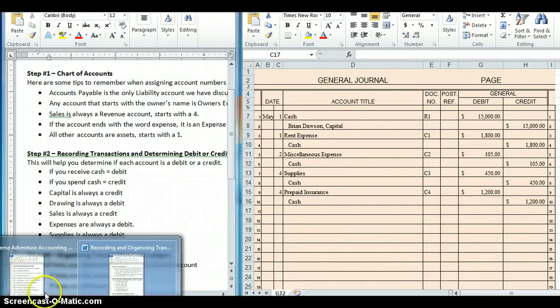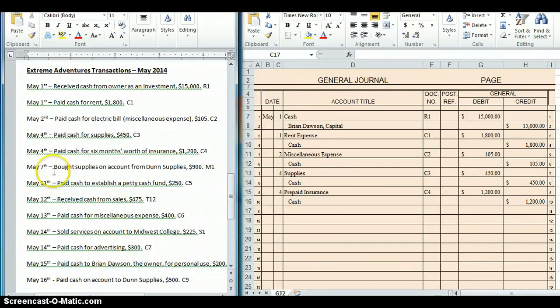So for this transaction, we are the one that's buying the supplies. May 7th, it says bought supplies on account from Dunn Supplies, $900. So we purchase supplies. That is our debit because supplies are always a debit. And M1 was our document number. We bought $900 worth.